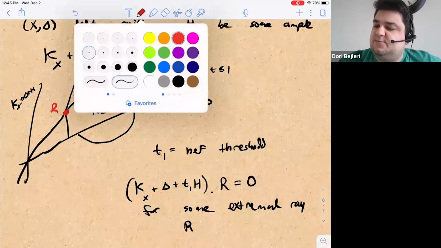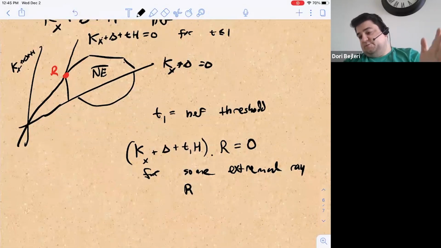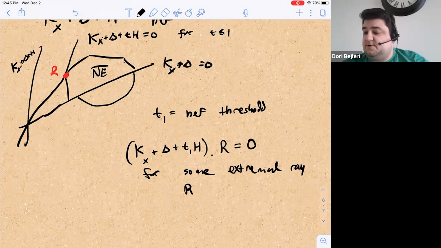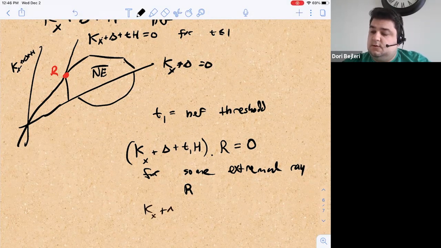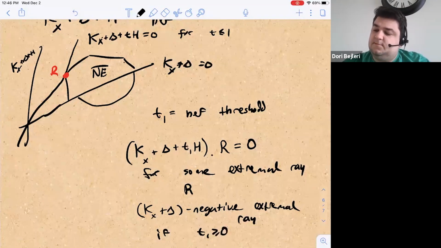But the point is that because H is ample, this is an extremal ray, but it's a K_X plus Delta negative extremal ray because H dot R is greater than or equal to 0, as long as T1 is strictly greater than 0.